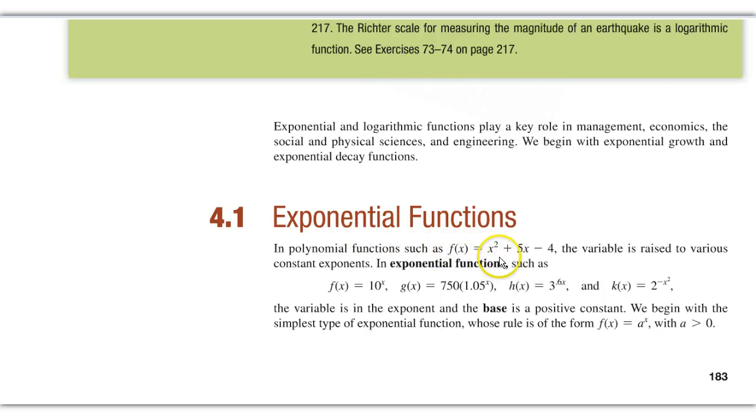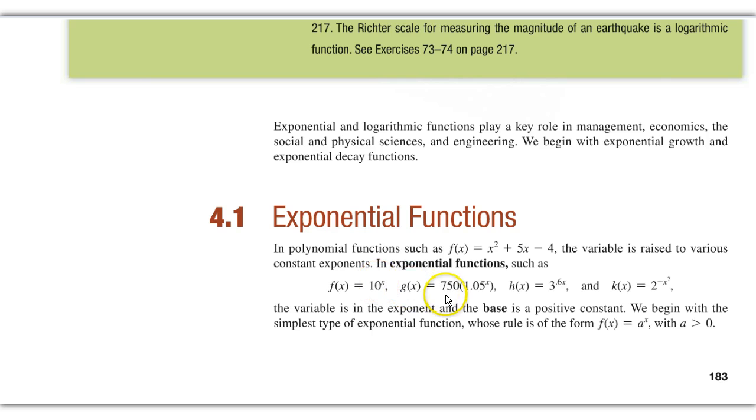And here you see a traditional function where x is the variable, and the exponent is actually a number. Now, when we look at exponential functions, we have a number, but the exponent itself is the variable, as you can see here.